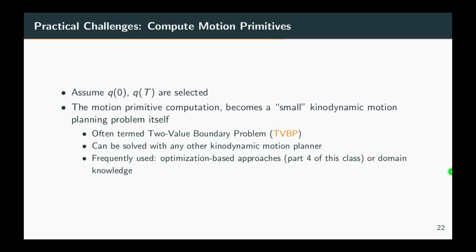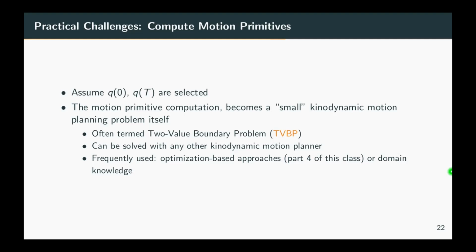And in practice, what most people do is they also use some sort of domain knowledge, like for example, car-like robots. It's not so difficult to just try out what kind of steering angle you would need in order to get this perfect 90 degree turn.